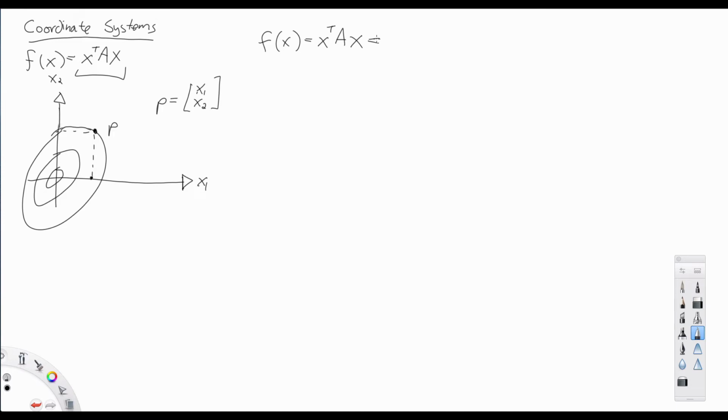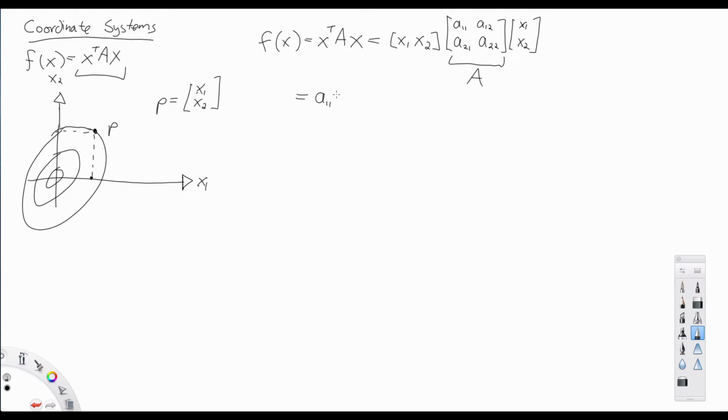And then if I were to write out each of these components in more detail, it would look like this. Now, if the matrix A here is symmetric, and that's actually an important property of quadratic forms, the matrix A that's used to define quadratic forms is symmetric, then we can rewrite this function, multiplying everything out.